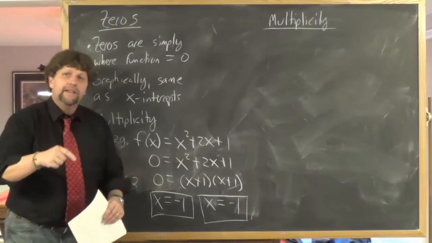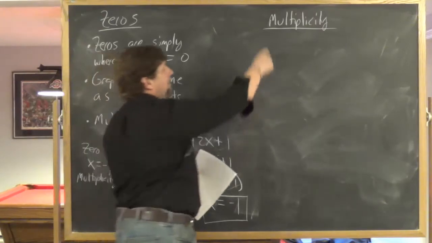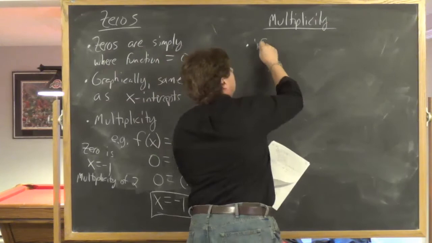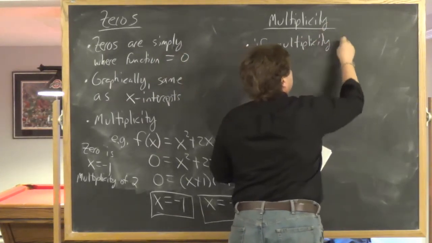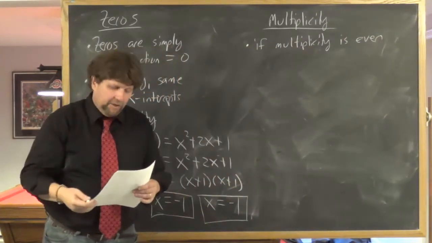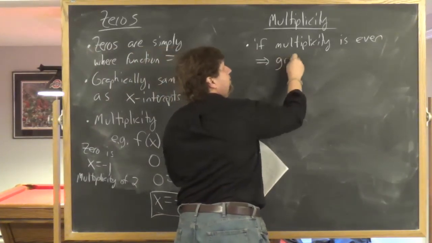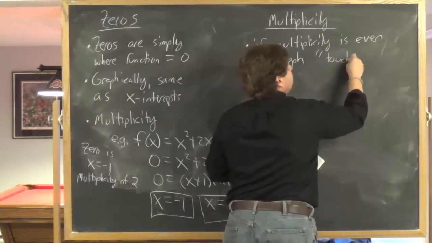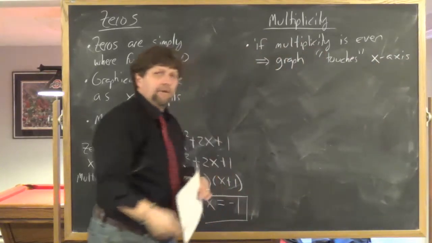Now here's kind of a cool, neat thing about multiplicity and how it relates to the graphs of polynomials. If the multiplicity is even, so if you have a 0 that has even multiplicity, that tells us that the graph of the polynomial function just touches the x-axis at whatever the 0 is.